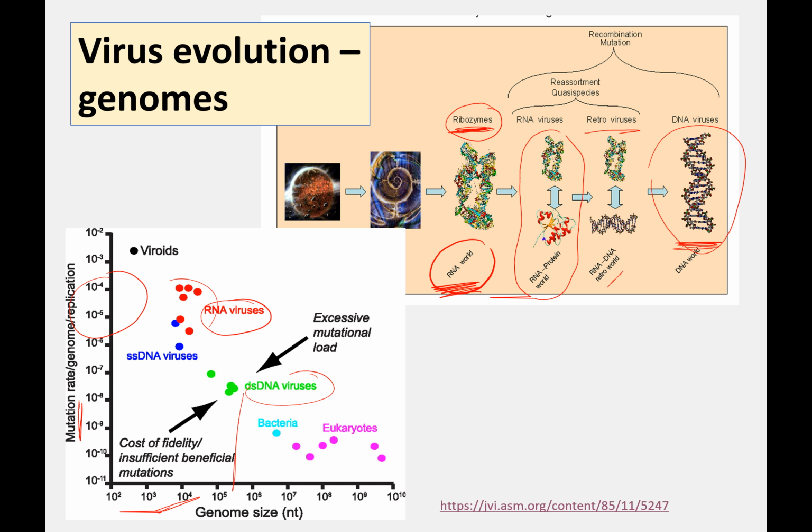And then you can see cellular genomes here, low mutation rate, and larger genomes. So as you get larger, you need to become more stable.